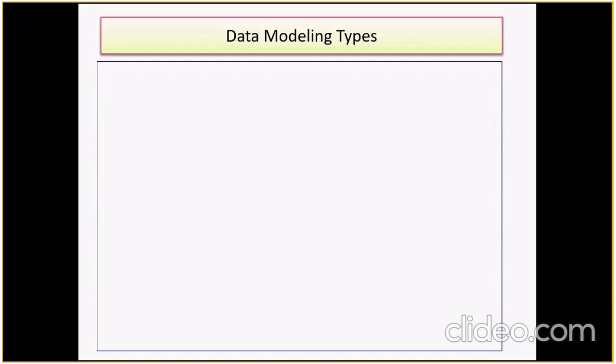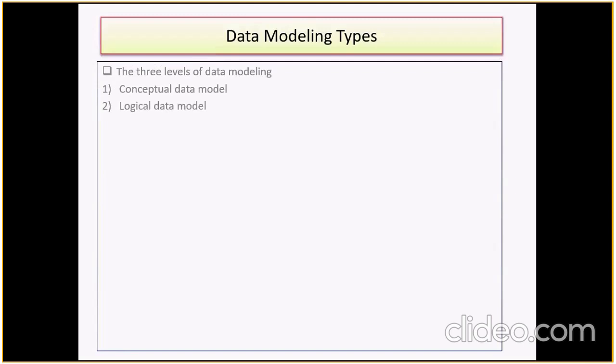The very first one is the conceptual data model. The conceptual data model is the business users' view. How business users think about what entities should be part of my model and how they relate to each other. That's it. It's very high level, from the business user standpoint, what they want and the relationships between the entities.